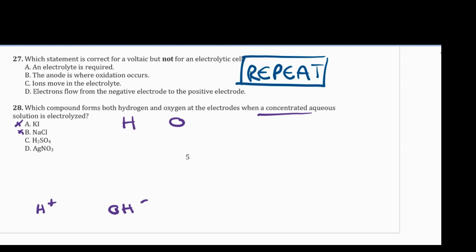Let's just run through D to understand why that doesn't work out. We've got our ions, Ag plus, H plus, NO3 minus, and OH minus. So again, we eliminate the salt. Silver is less reactive than hydrogen, which means that's what we're picking. So then we would get silver from silver ions, not the hydrogen that we want. So that's where we eliminate D.